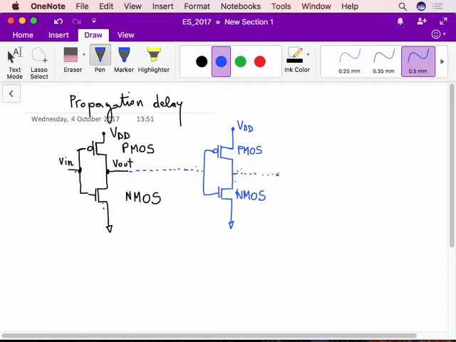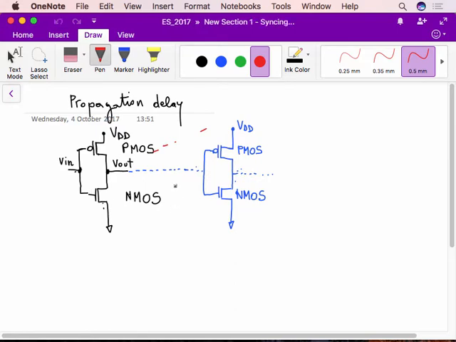So, what is important to understand here is what type of load this second inverter represents for the first inverter.